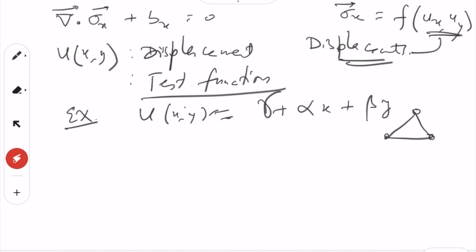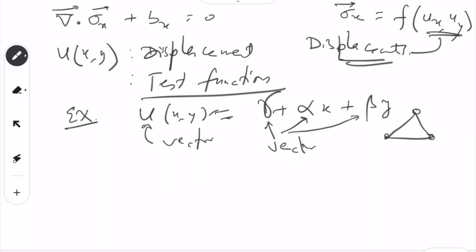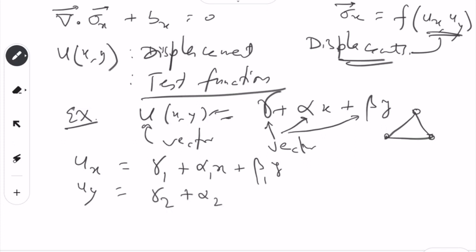However, remember that this is not a scalar anymore; this will also be a vector. Alpha is also a vector, beta is also a vector, meaning that we will have ux equal to gamma 1 plus alpha 1 x plus beta 1 y, and uy will be gamma 2 plus alpha 2 x plus beta 2 y.